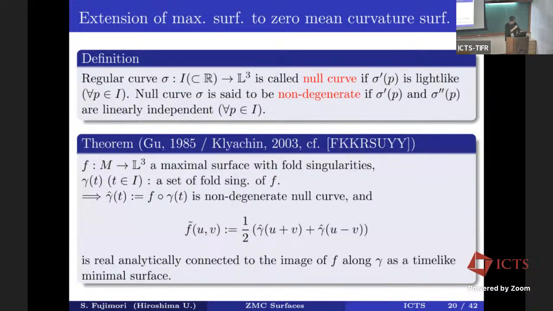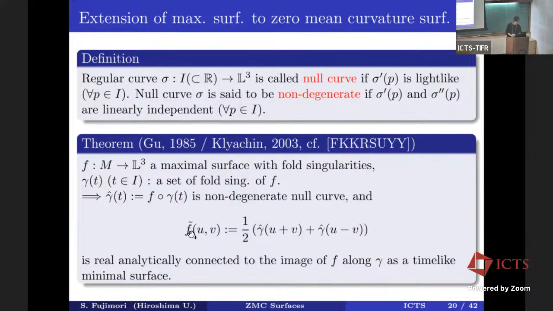In this setting, this theorem is known. It was first proved by Gu in the 1980s, and later Kim and Yang showed it in 2003. Let F be a maximal surface with fold singularities, and gamma the set of fold singularities of F. Then the composition of F and gamma, which is a space curve, is a non-degenerate null curve.